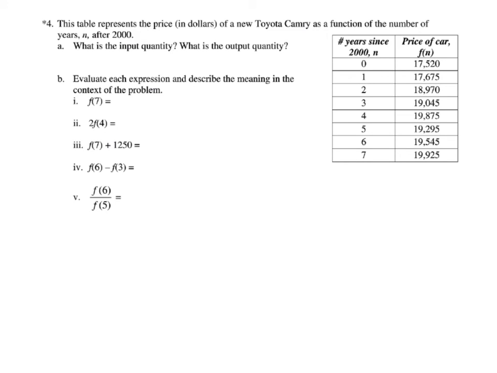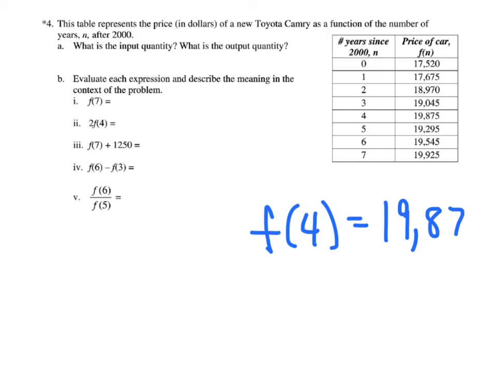For example, f of 4 represents the price of a new Toyota Camry in 2004, and the table tells us that f of 4 equals 19,875. Be sure to provide both a numerical answer and a description of the meaning in words for all parts of this problem. Developing your skill at interpreting and making sense of function notation will serve you well as you progress in your mathematics learning.